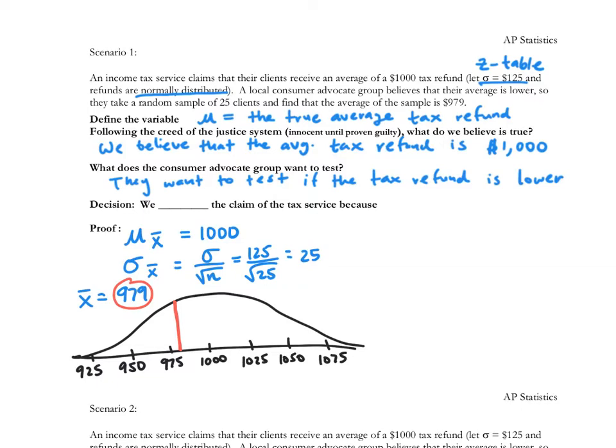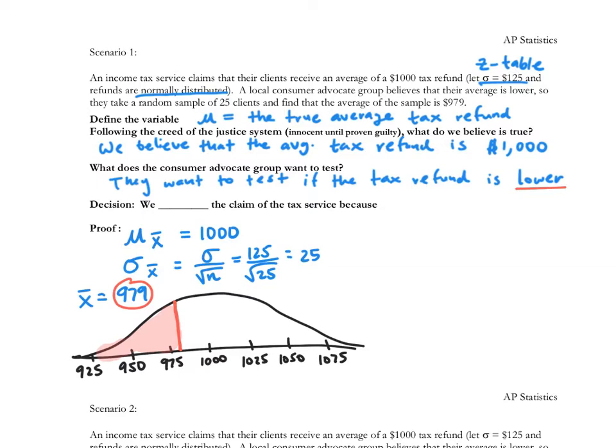And are we interested in lower than 979 or higher? We're interested in lower. So we're going to shade all this here, right? And so how do we figure out, going back to sampling distributions, what that value is?